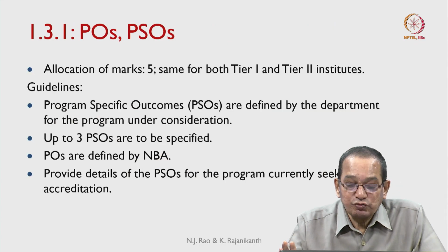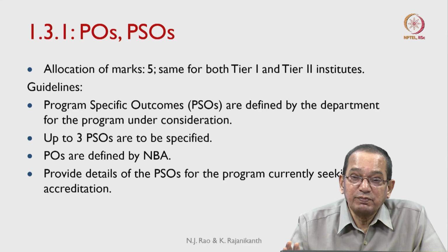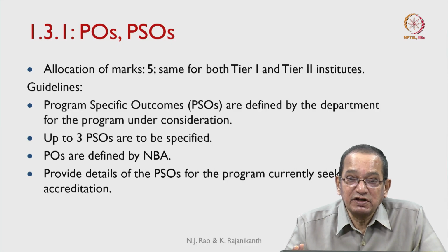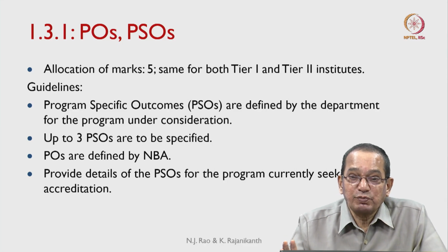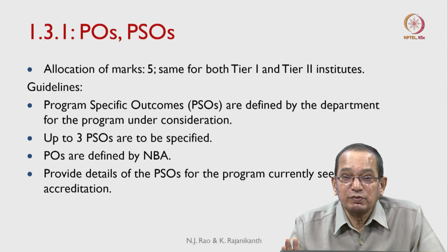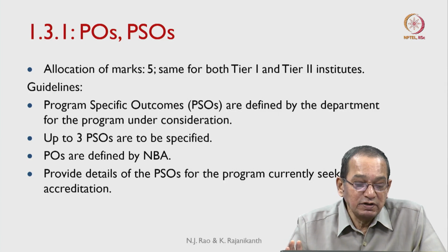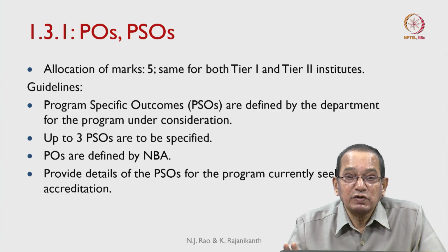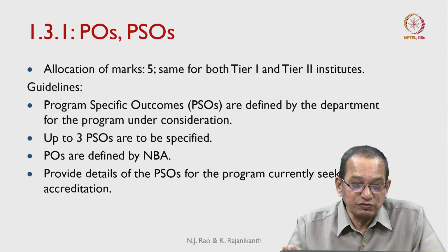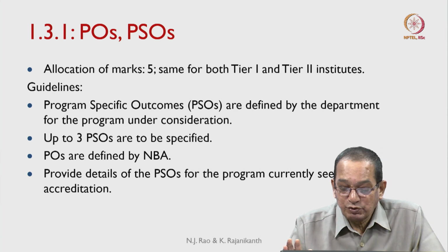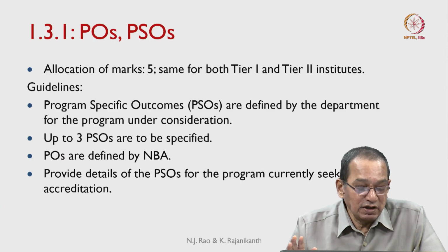So, the PSOs are defined by the department. Again, we discussed in an earlier unit the process by which PSOs have to be framed by the department. They are program specific outcomes. Up to 3 PSOs are to be specified, and POs are defined by NBA. So, provide details of PSOs for the program currently seeking accreditation.